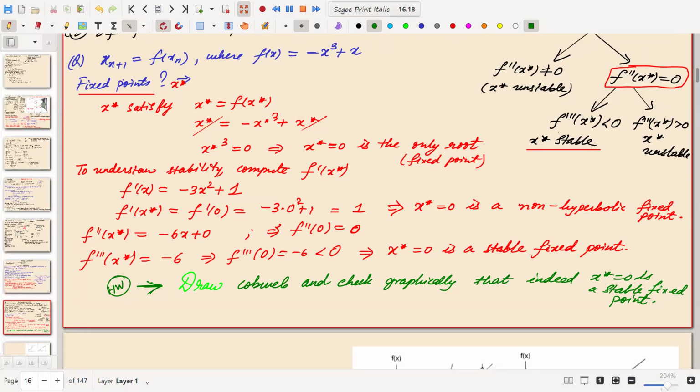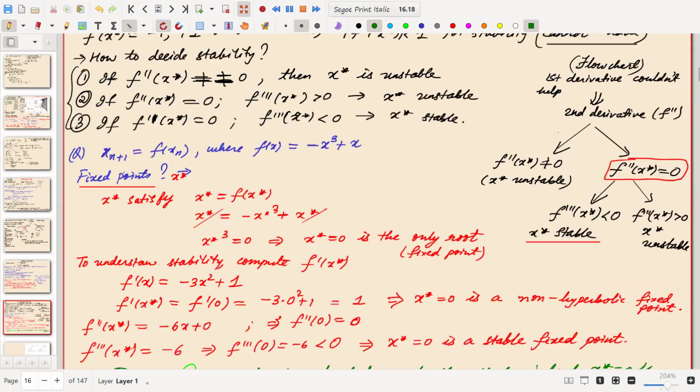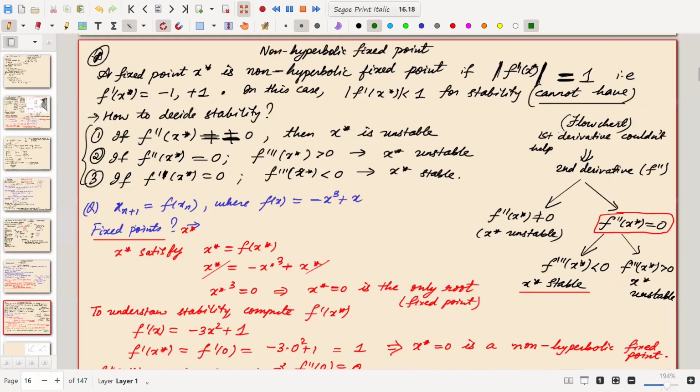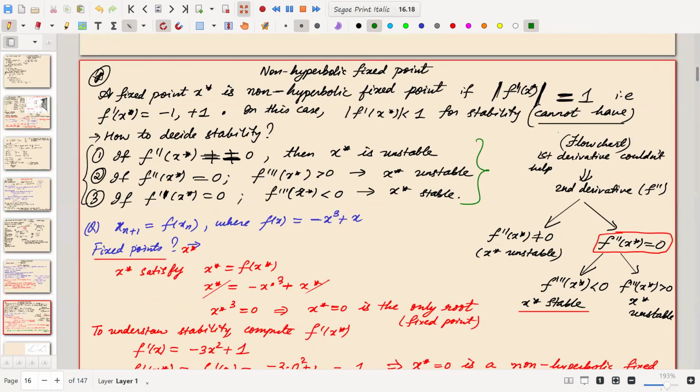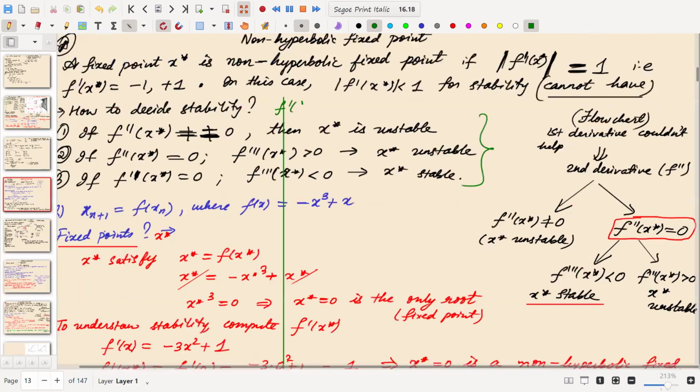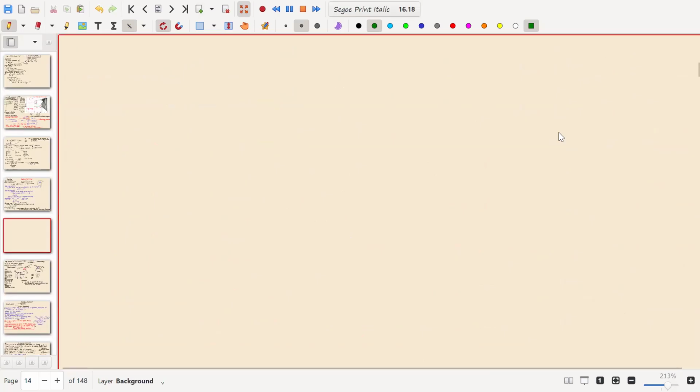Actually, this case holds when f prime of x star is equal to 1.